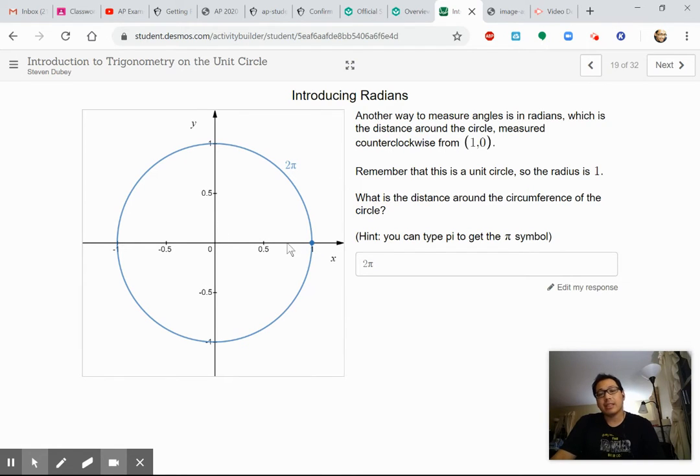And the radius is kind of the definition of the circle, right? Every single point on the circle is that distance, that radius, away from the center. So we're defining the circumference and now angles in terms of the defining feature of a circle, which is the radius. So long story short, there are 2 pi radians around the circle.